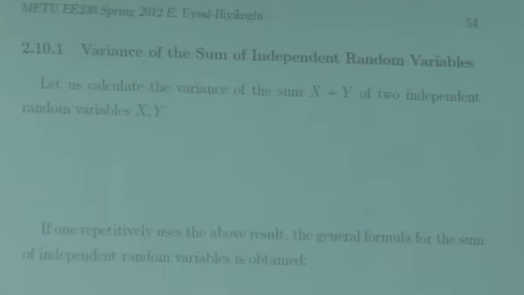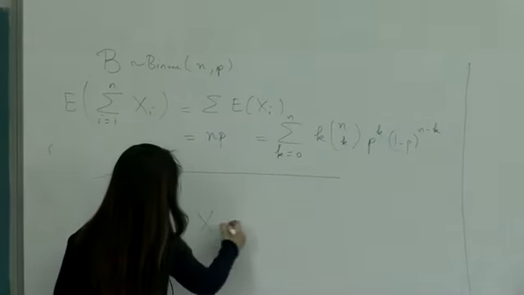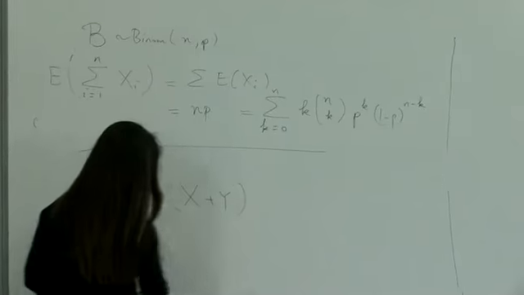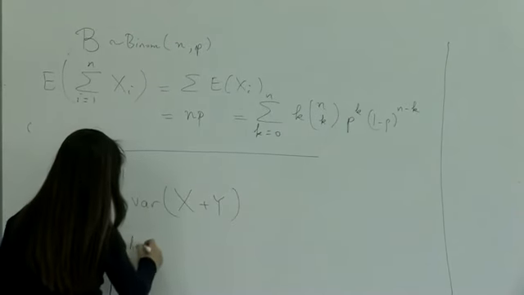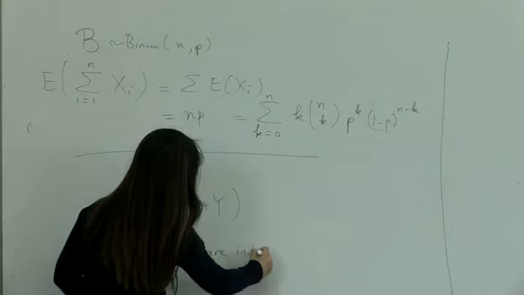Consider the variance of the sum of independent random variables. Okay, so everybody remembers the definition of variance, I hope. So let's consider the variance of X plus Y, where X and Y are independent.